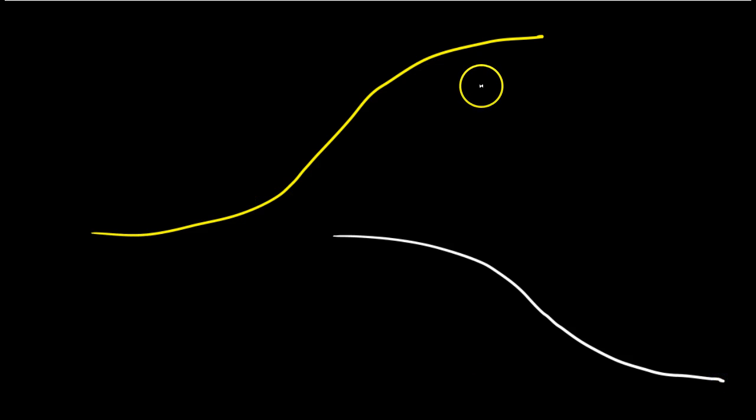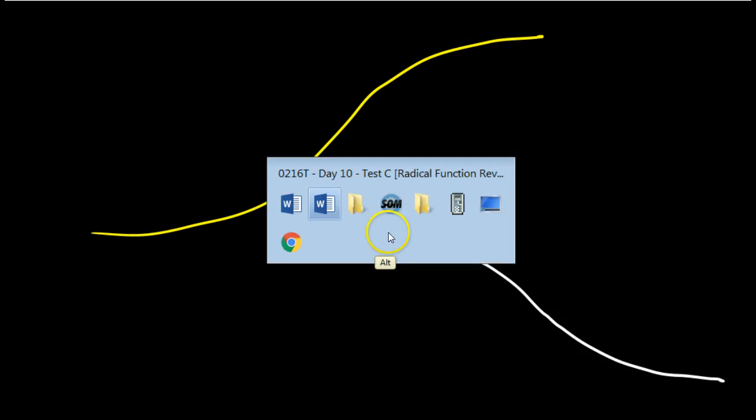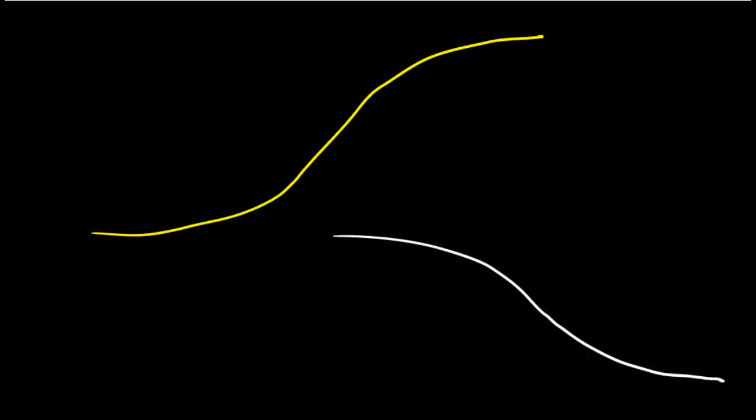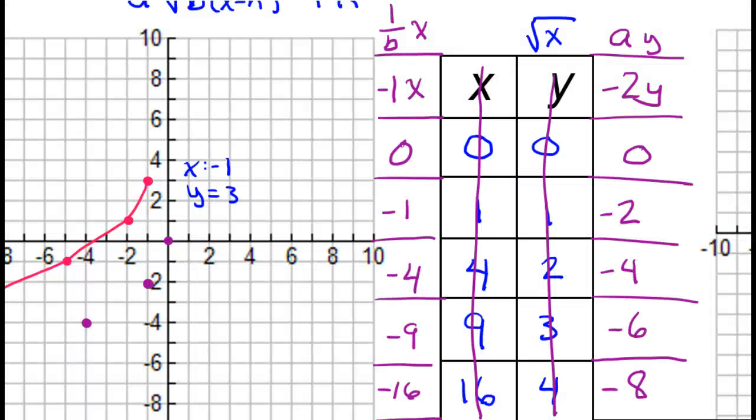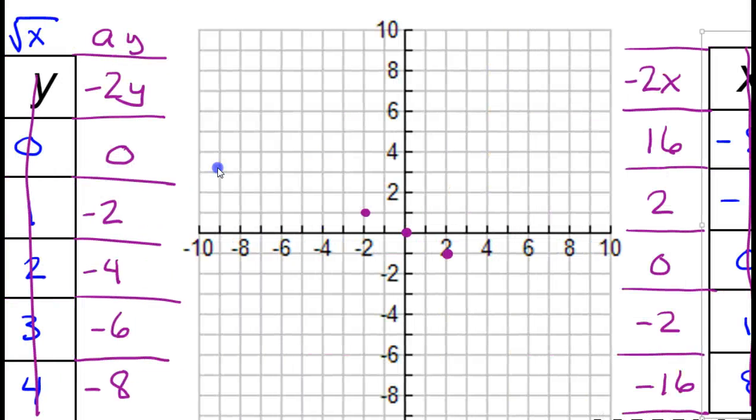This is what cube root functions look like, sort of like waves or S's. So if you keep that in mind, we're going to draw one of those waves through this point.